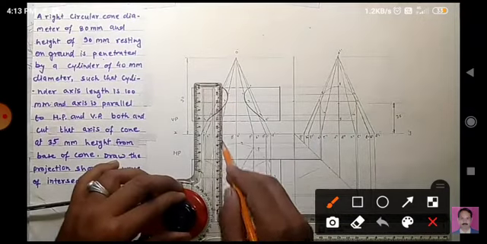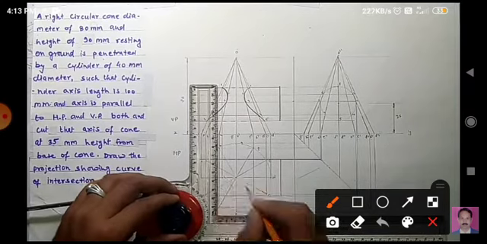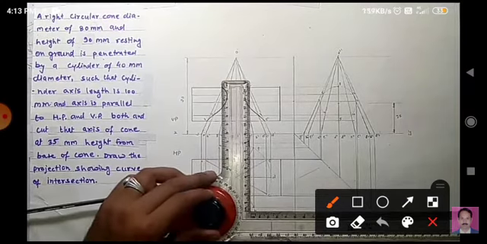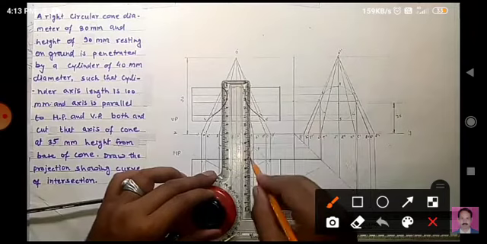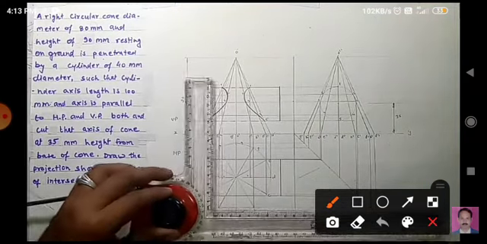So after completing the projection, take vertical projection on this also. This projection must be vertical, okay, because this is the top view. So you have to take the vertical projection.